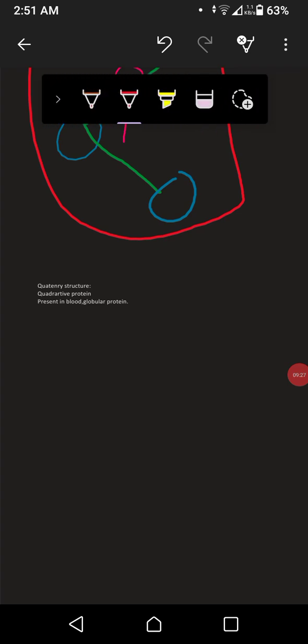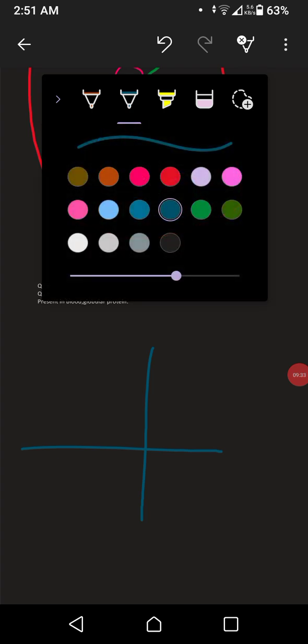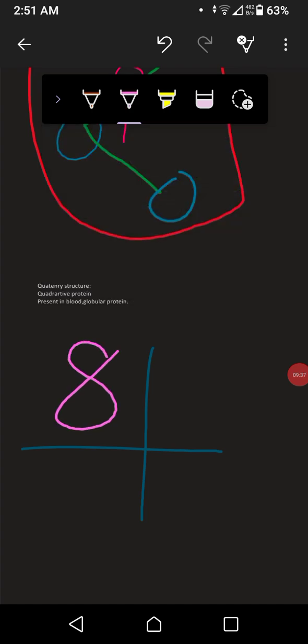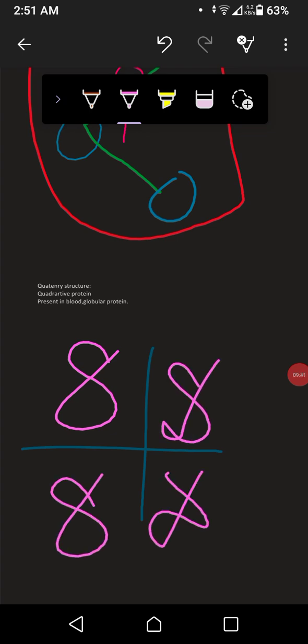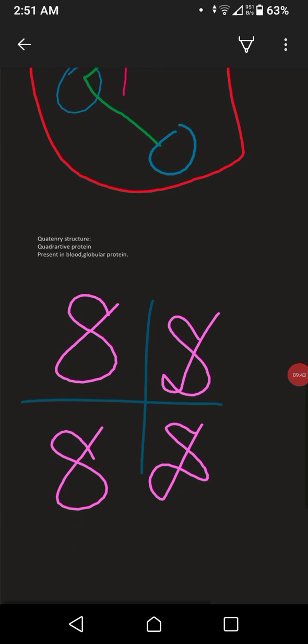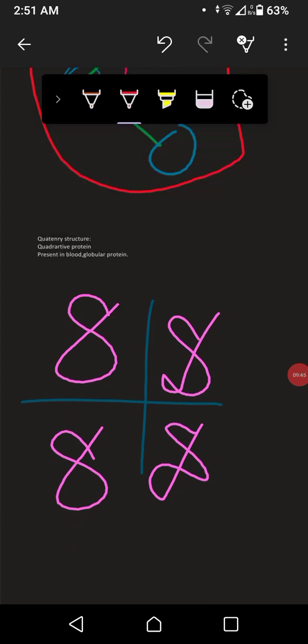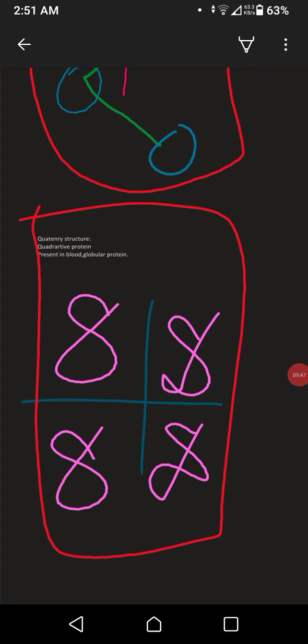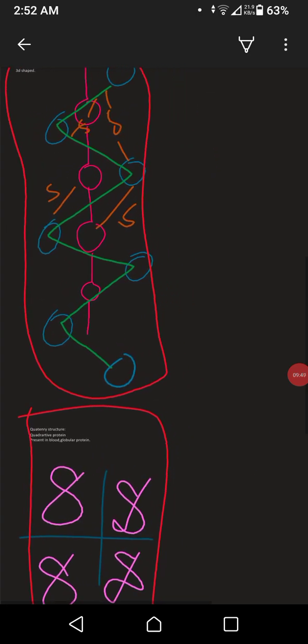Let me just draw it. It is so simple: this way it goes, this way, and then the infinity sign, the 8. So this one is the quaternary structure of the protein.